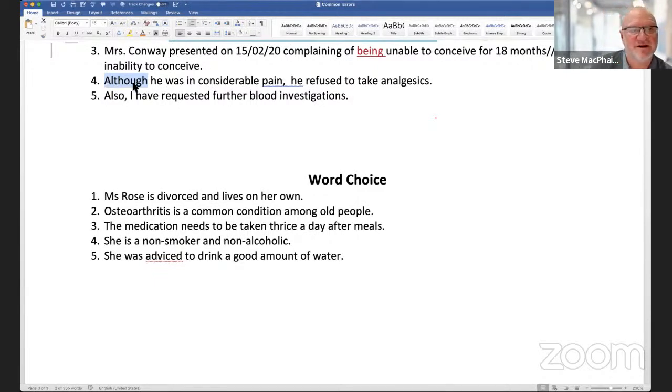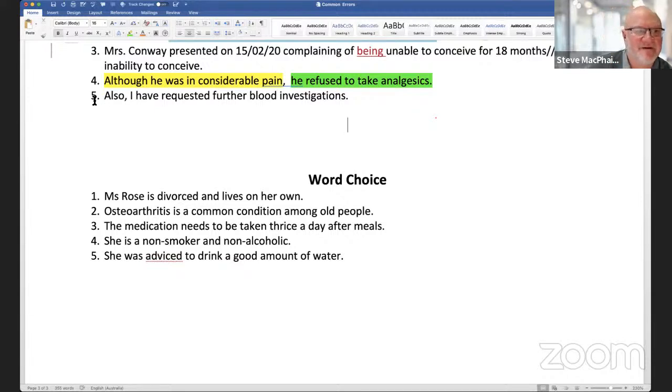So this is used to join a dependent clause, which is attached to an independent clause. And we put a comma to separate the two when we start with the dependent clause. Make sure you know your complex sentences, dependent and independent clauses.